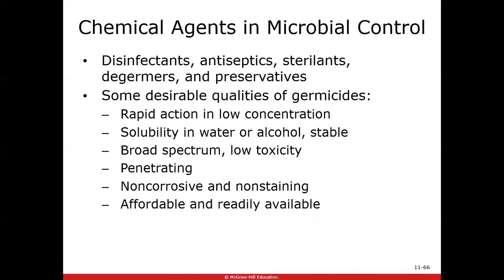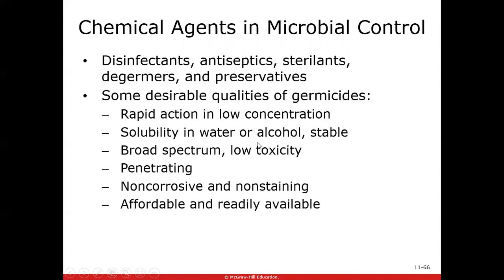These are some desirable qualities of germicides. First off, you want it to have rapid action and low concentration. You want it soluble in water or alcohol, and stable when it's soluble in water and alcohol. You want it broad spectrum, which means it can affect a whole lot of microorganisms. You want low toxicity.